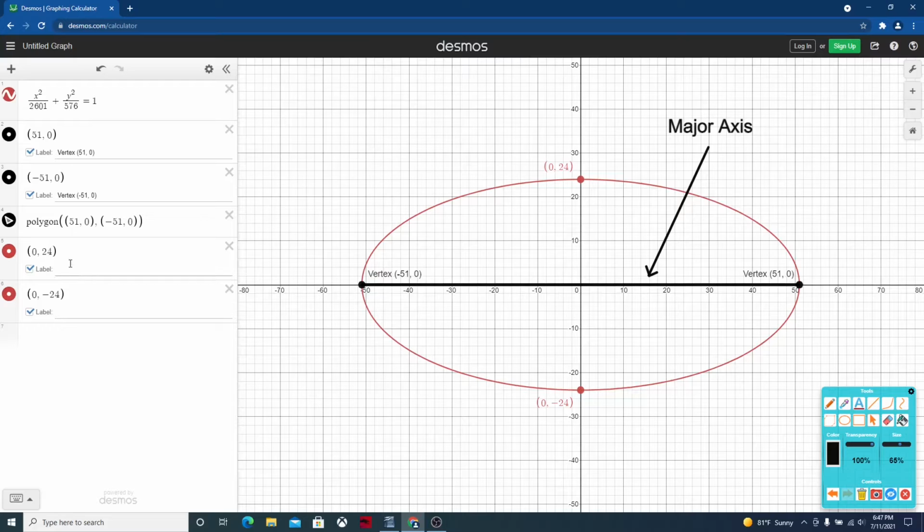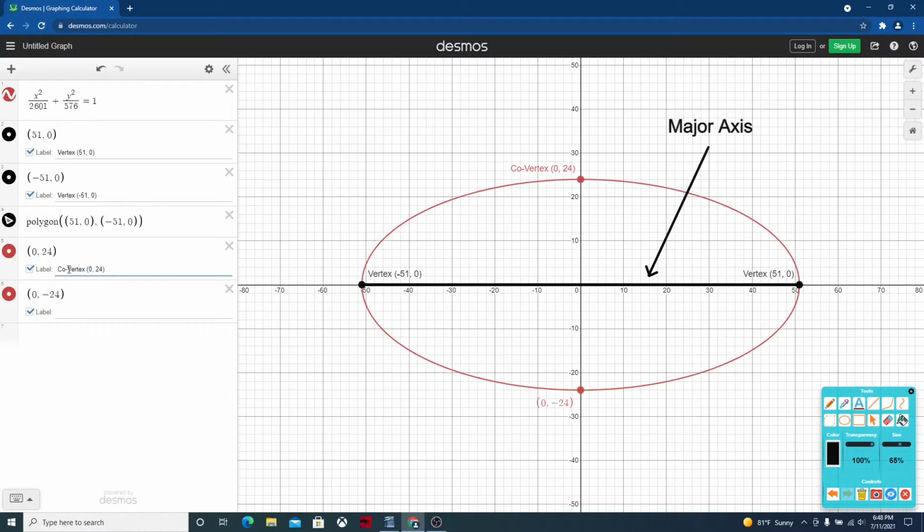Now, those 2 points are the endpoints of the shortest axis of the ellipse. Okay, and so let's label what those points are called. Those are called co-vertices, or each one individually would be called a co-vertex. So that's co-vertex, and that first one's going to be 0, 24.